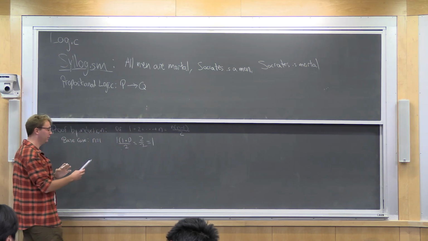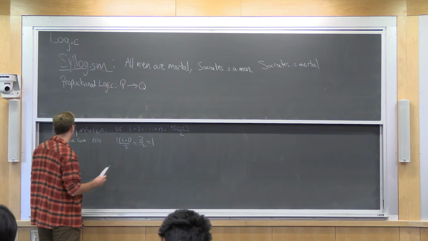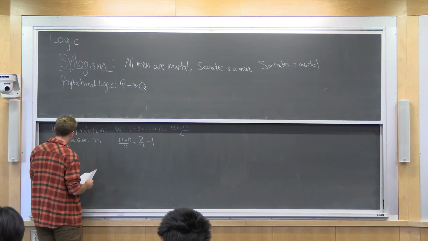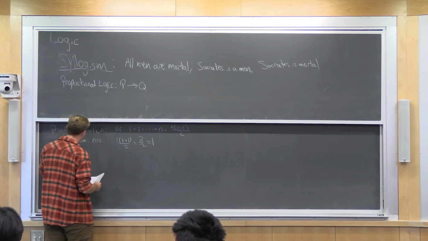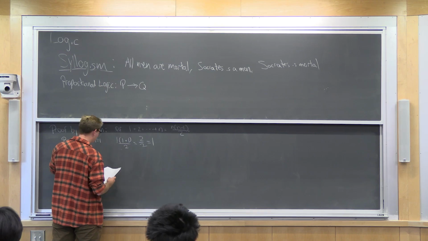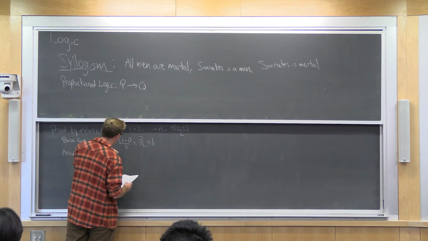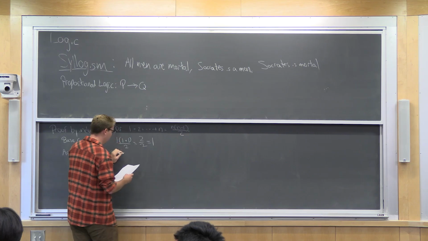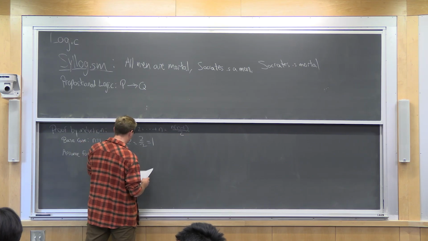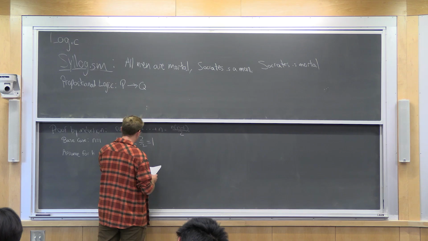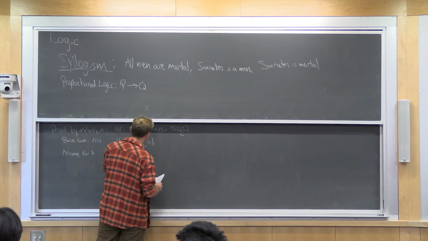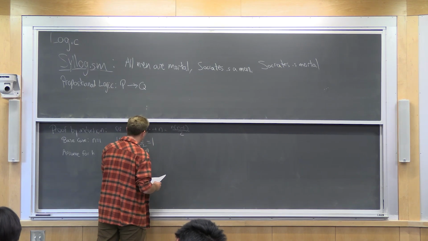So now we're going to assume for some k that 1 plus 2 and so on up to k is equal to k times k plus 1 over 2.